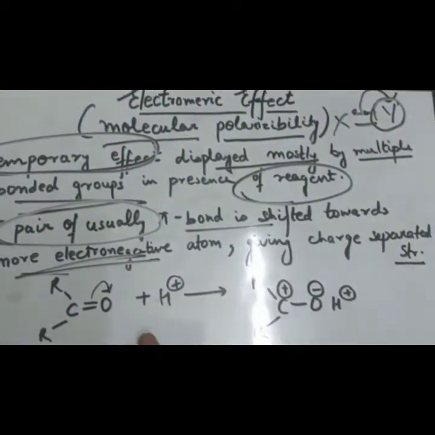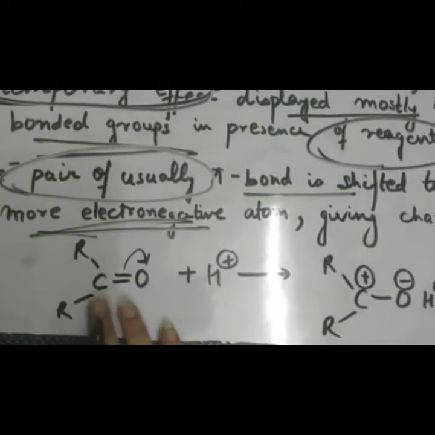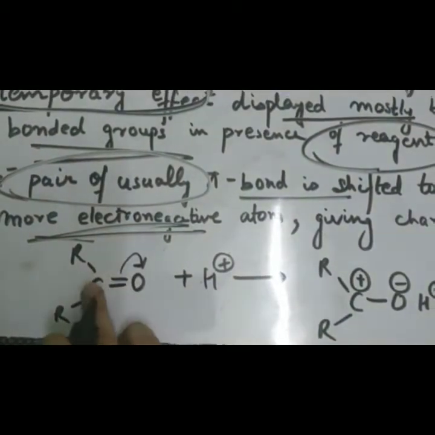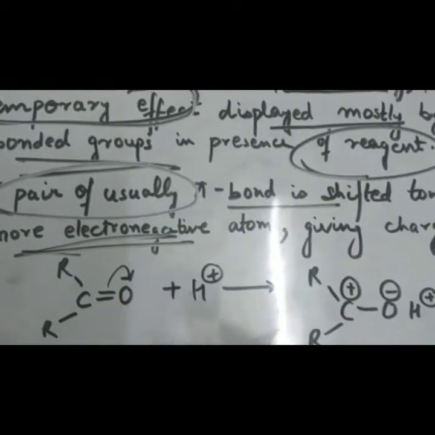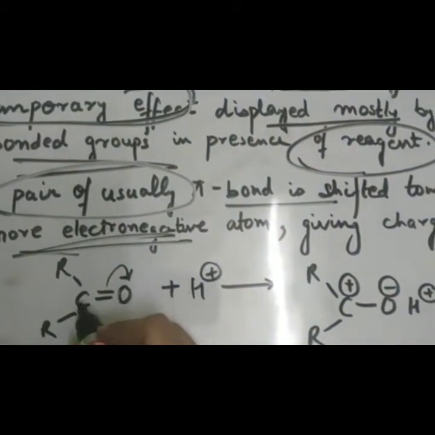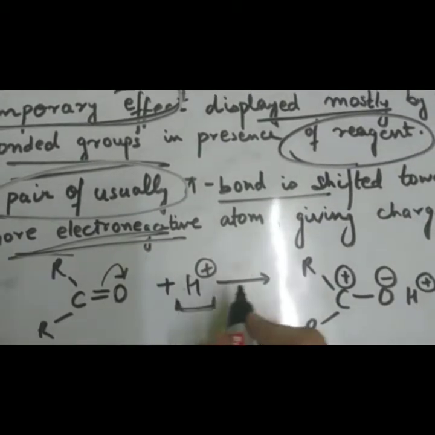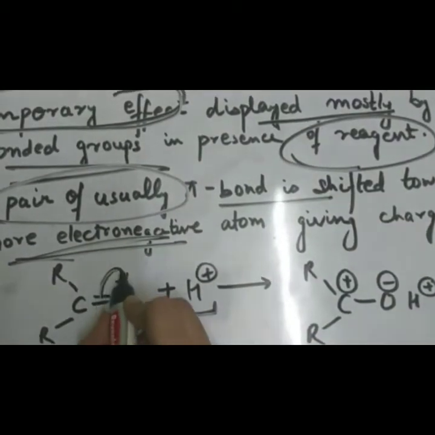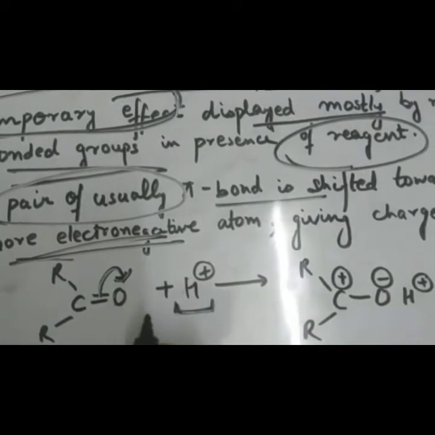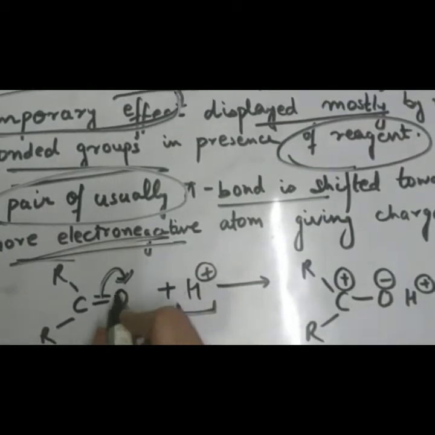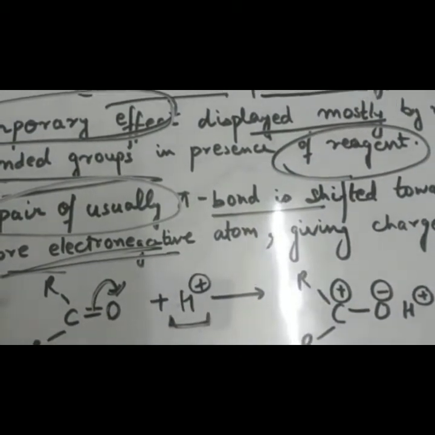Let's see with an example. Here we have a ketone, and the double bond is between carbon and oxygen, and we very well know that the electronegativity of oxygen is more than carbon. As soon as the reagent is added in the reaction, this bond shifts its electron density to oxygen, being more electronegative than carbon.